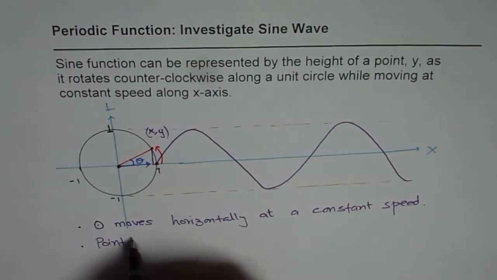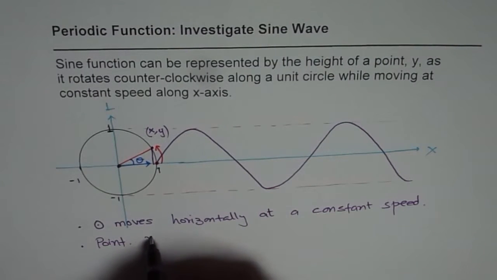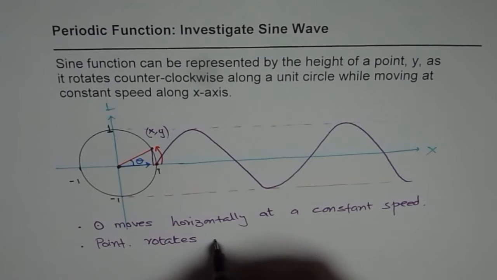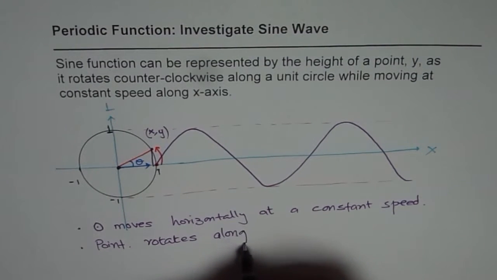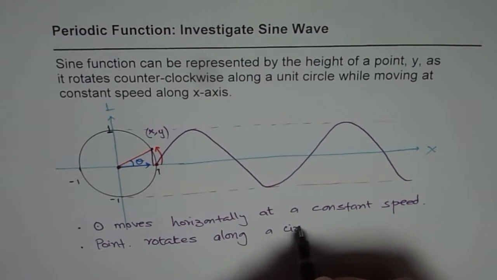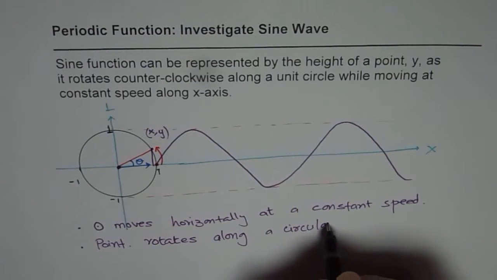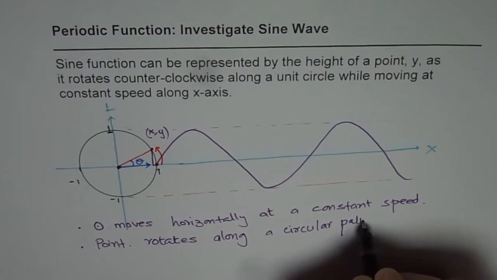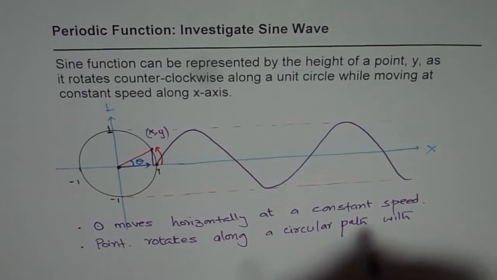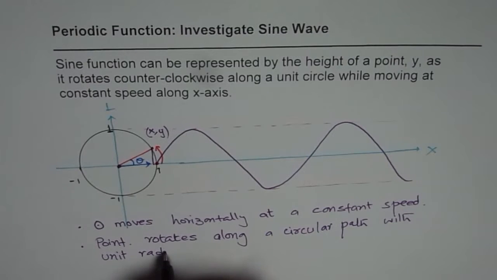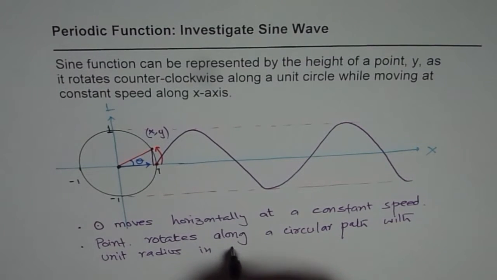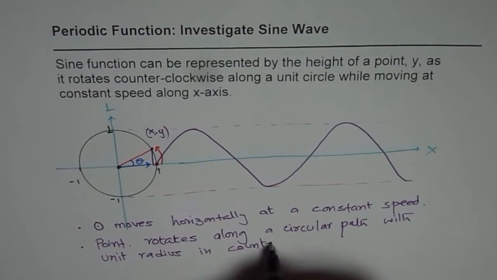A point rotates along a circular path with unit radius in the counterclockwise direction.